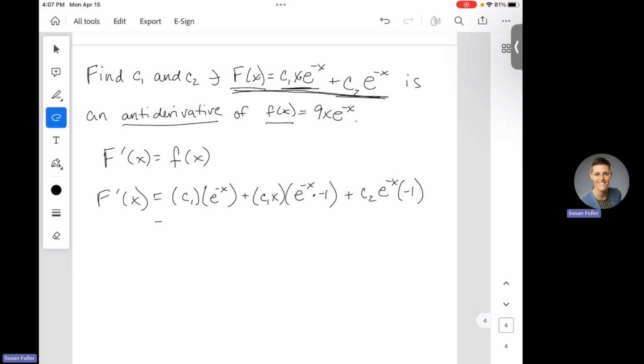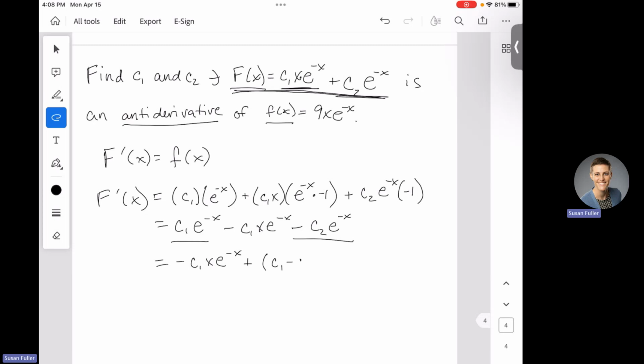Okay, so I'm going to make this look a little nicer. I've got C1 times e to the negative x minus C1 x times e to the negative x minus C2 times e to the negative x. Notice these two are like terms, so I'm going to write them next to each other, and factor out an e to the negative x.